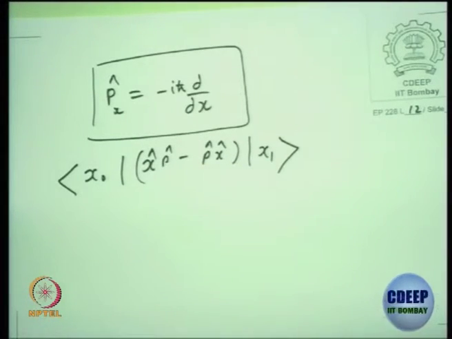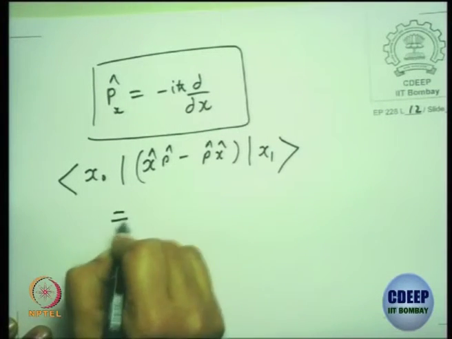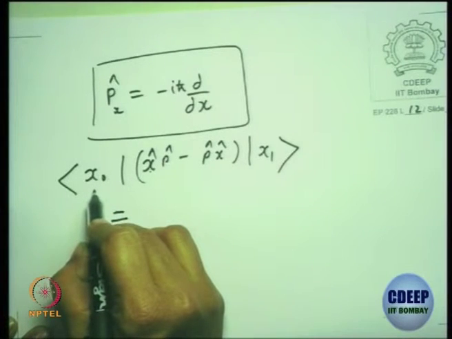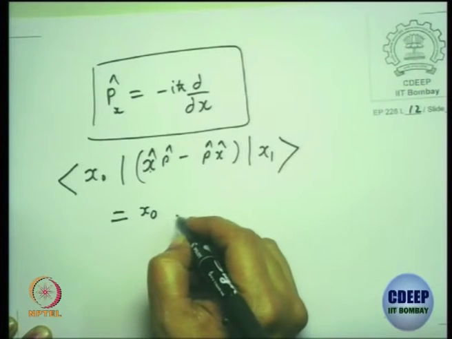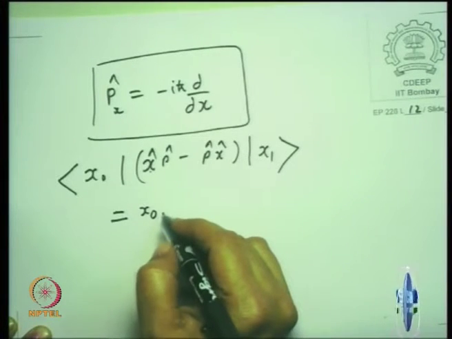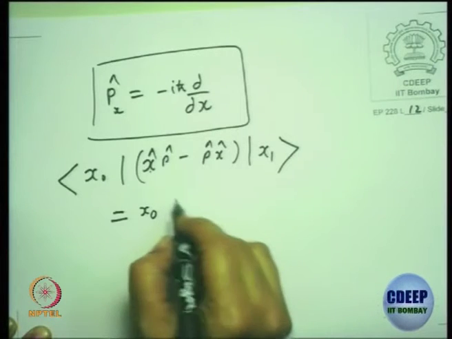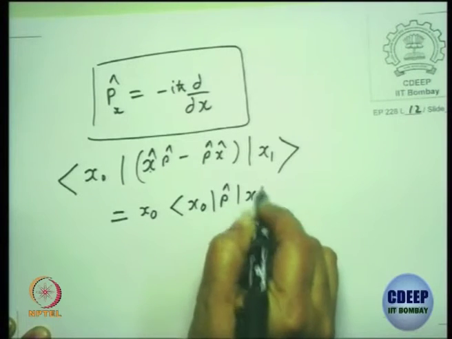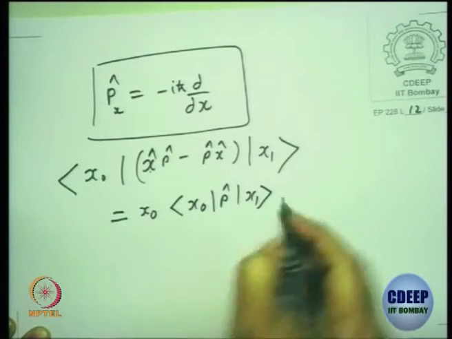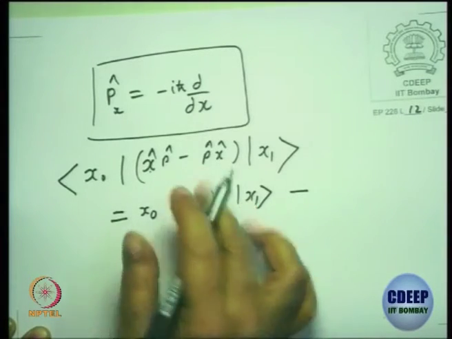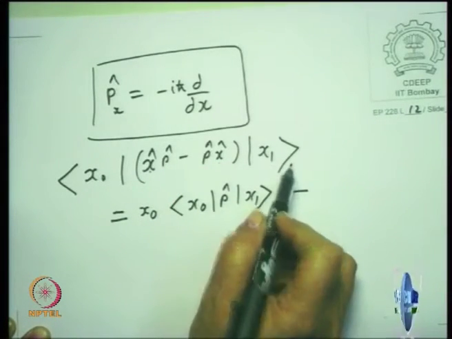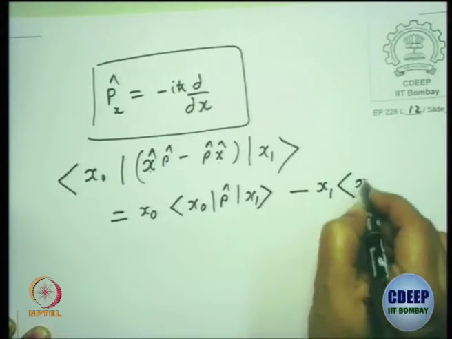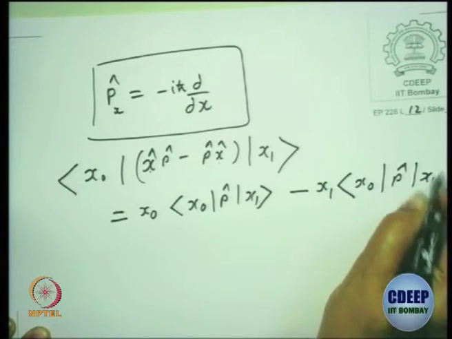What is this value going to be? x on x0 is x0, that is an eigenvalue, with x0 p operator x1, minus, this x with x1 will be x1, x0 p operator x1.